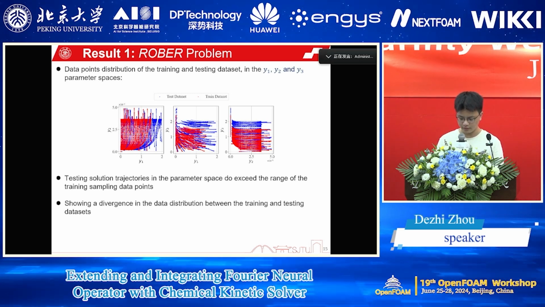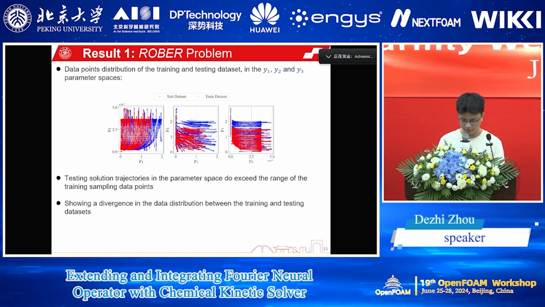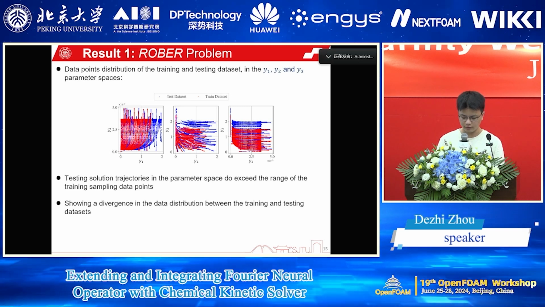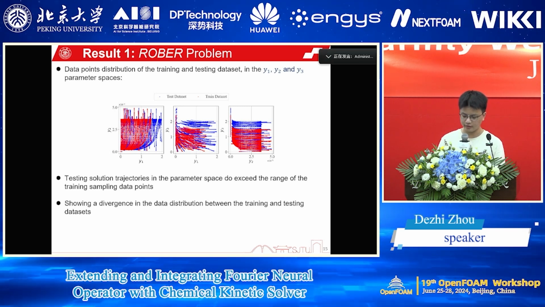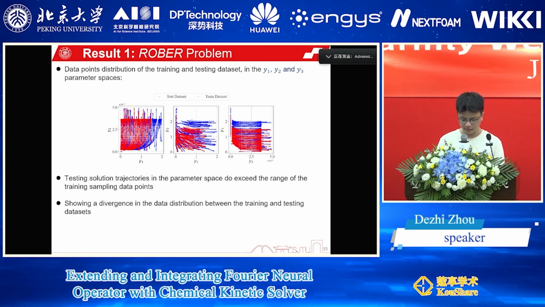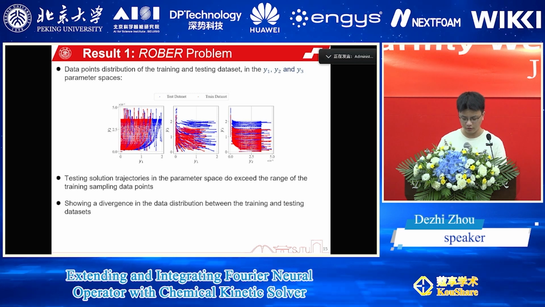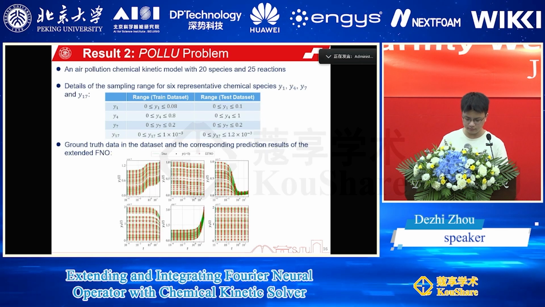This indicates challenges related to generalization ability and model performance. Remarkably, the prediction results in the last figure show a great performance of accuracy when facing testing conditions lying beyond the training data set, which can demonstrate our model's generalization ability.